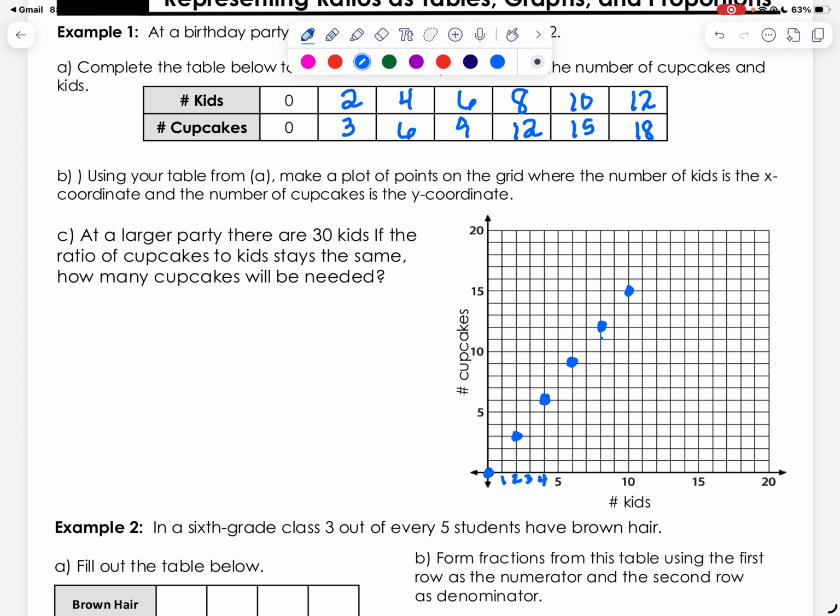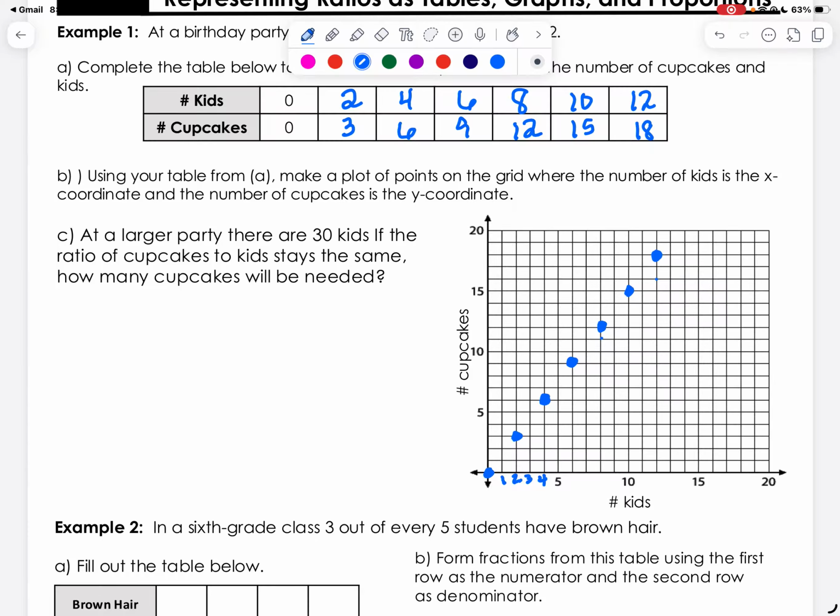And 12, 18. All right. Now, notice that each one of these ratios, when we graphed them all together on a coordinate plane, they formed a straight line. Okay, we'll be talking about that more later.